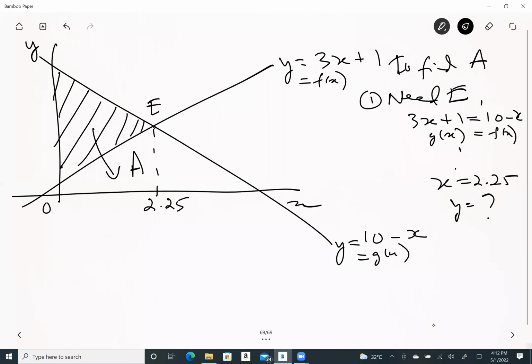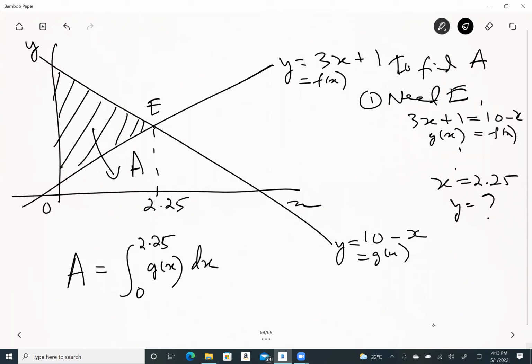So what is the area A? The area A is simply the integral from 0 to 2.25 of g of x. I write g of x first, so that you know the upper function.